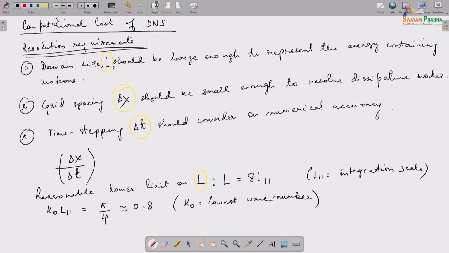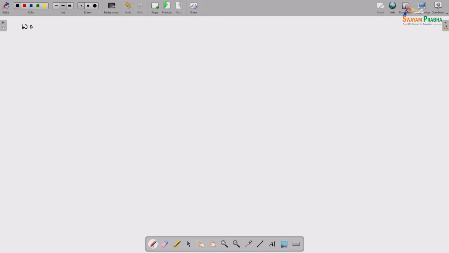Let me just write this first. Now, wave number is the number of wave cycles per unit length, where lambda is your wavelength.